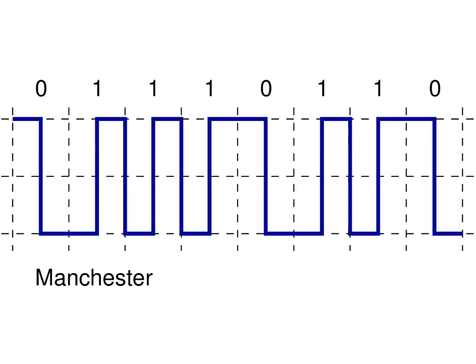For some bits, there's a transition at the start of the interval. In this case, we had from low to high, bit 1. The next bit 0, must be from high to low. Therefore, we maintain the level and then make that transition in the middle. So Manchester encoding in this case.